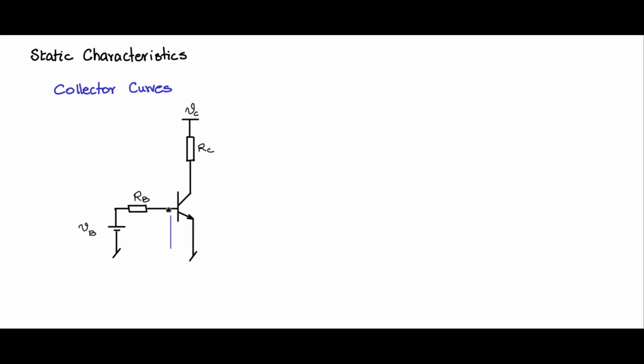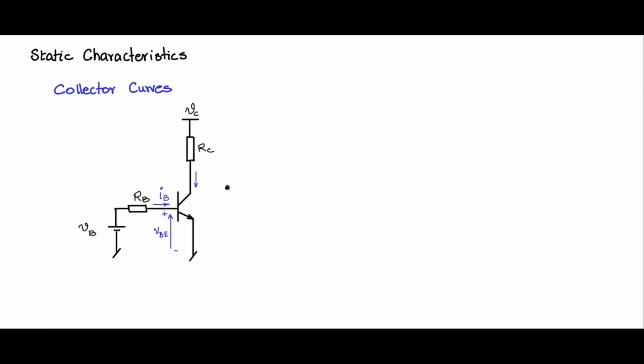The voltage across the base and the emitter terminal is VBE. This is the positive end and this is the negative end. There is a base current that is being injected into the base terminal.